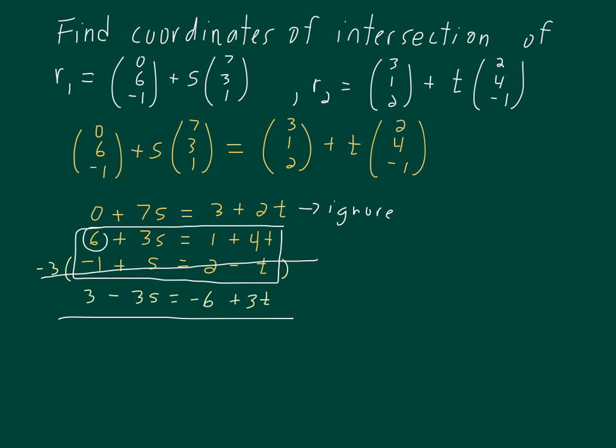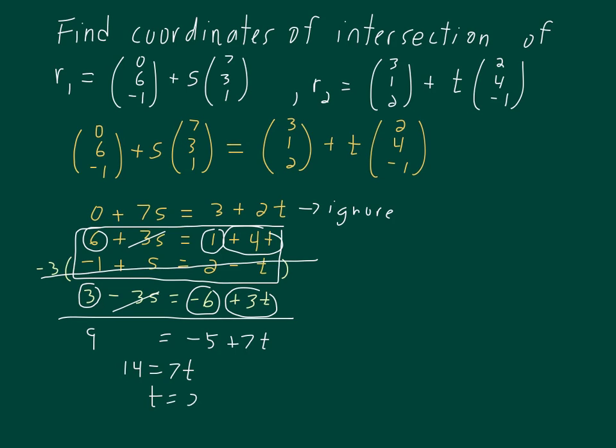So I'm adding the 3 and the 6 and the 3, and I get 9. The s's are eliminated. Then equals, I add the 1 and the -6. That's -5. Then I have the positive 4t and the positive 3t, so that's 7t. If I add over my -5, I get 14 equals 7t. So t would equal 2.